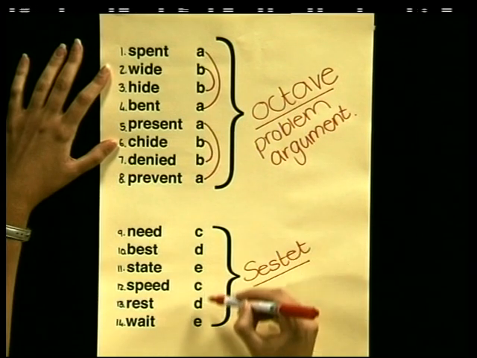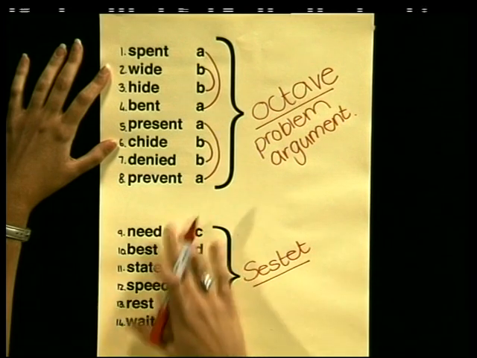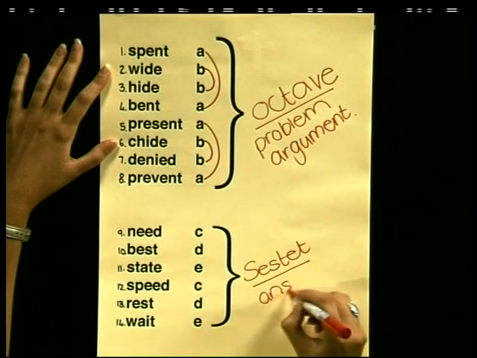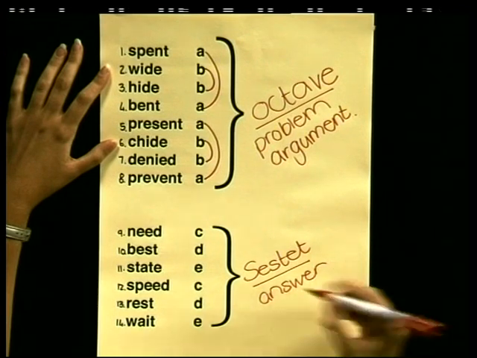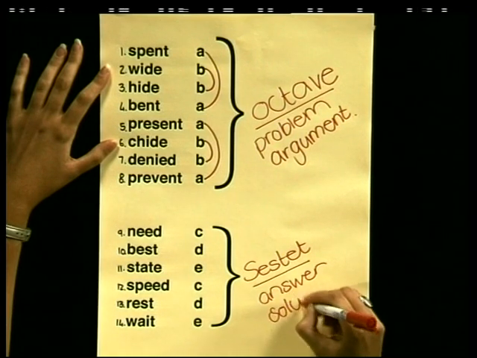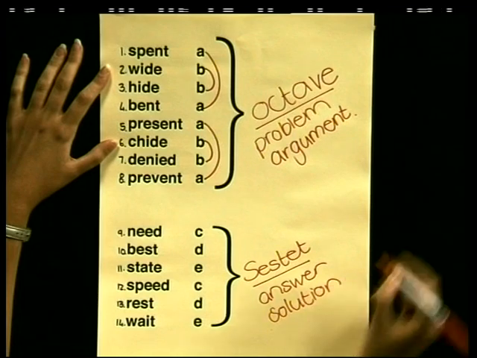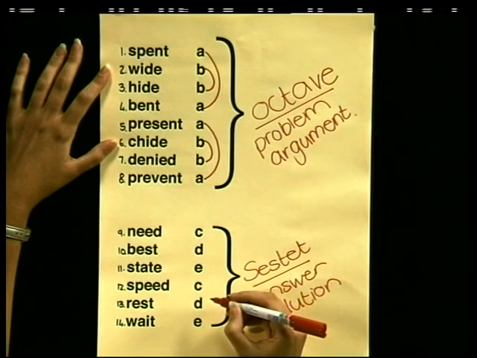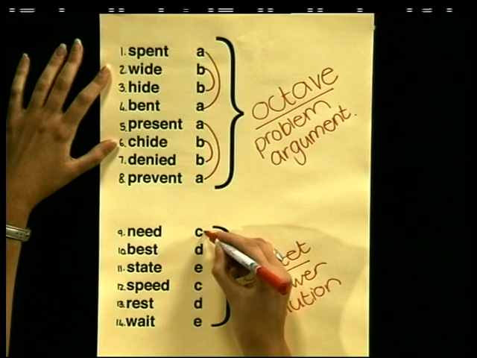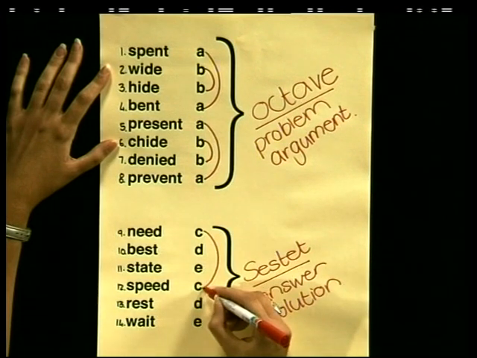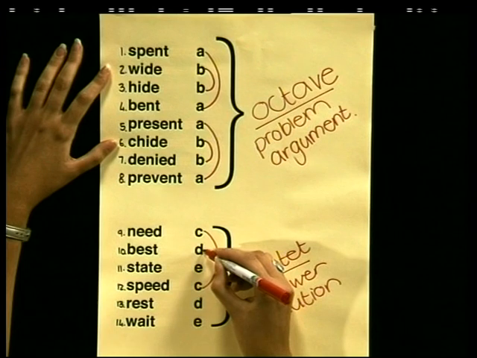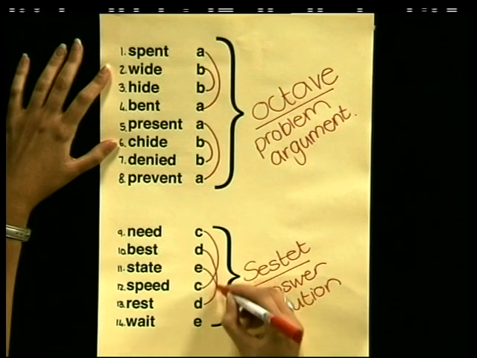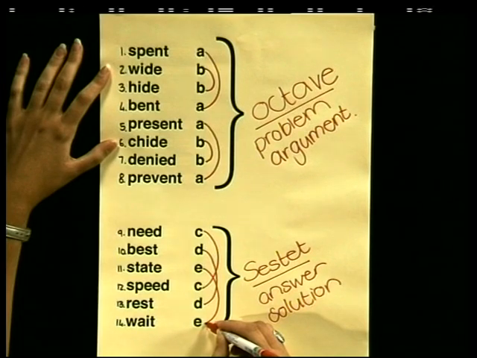Here the rhyme scheme is different, and in this section we have an answer or solution to the problem in the octave. Here the rhyme scheme is line 9 and 12, 10 and 13 and 11 and 14.